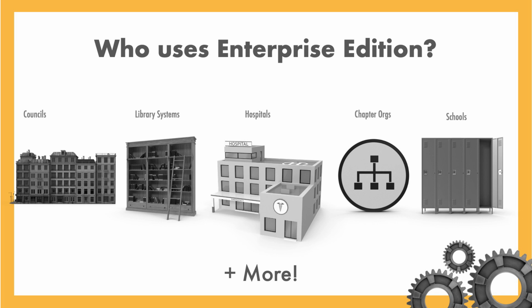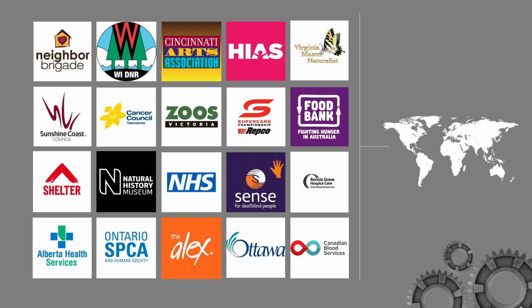That basically means organizations that have different locations, different departments, or any other way to break up your organization if you do things slightly differently, or if you want privacy, and things like schools, universities, and much more.